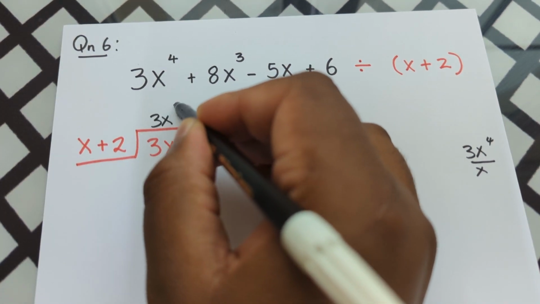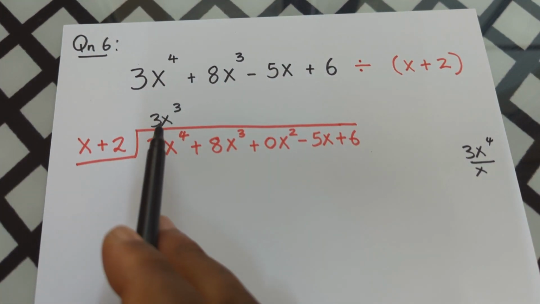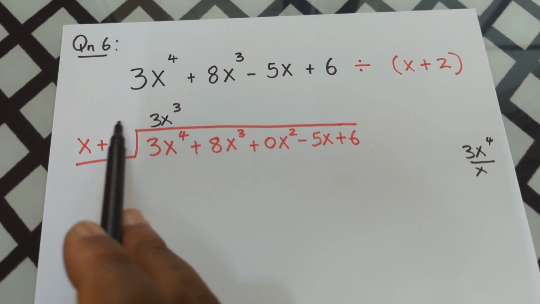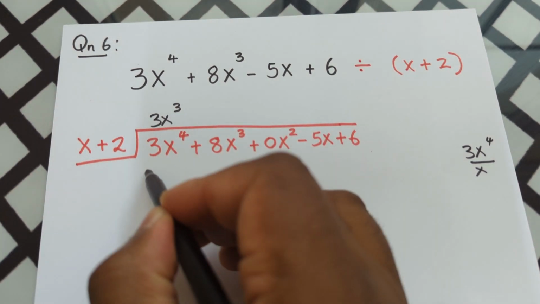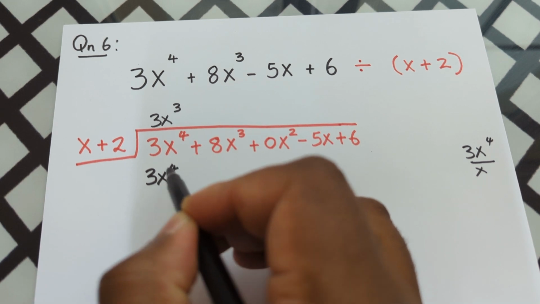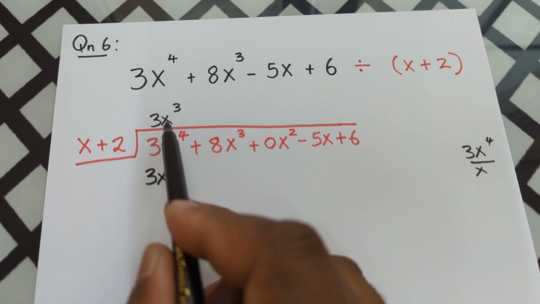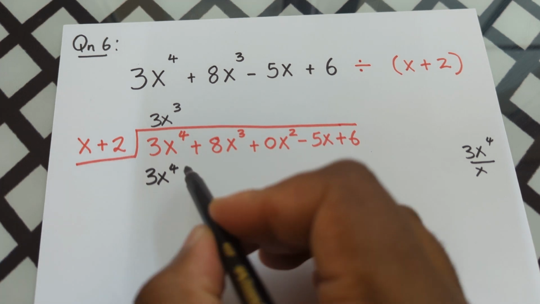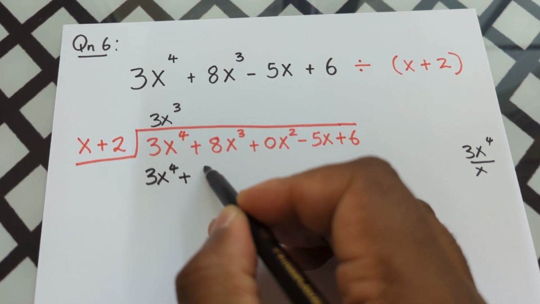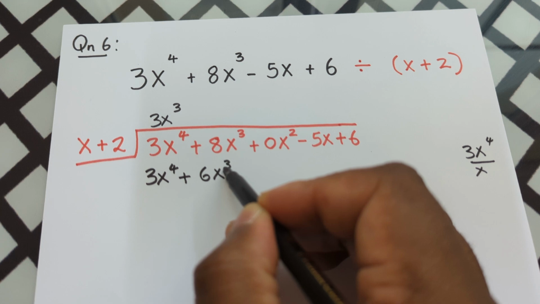So 3x to the power of 3. And then you multiply 3x to the power of 3 multiplied by x. It will go back to 3x to the power of 4. Then 3x cubed multiplied by 2. It will become 6x to the power of 3.